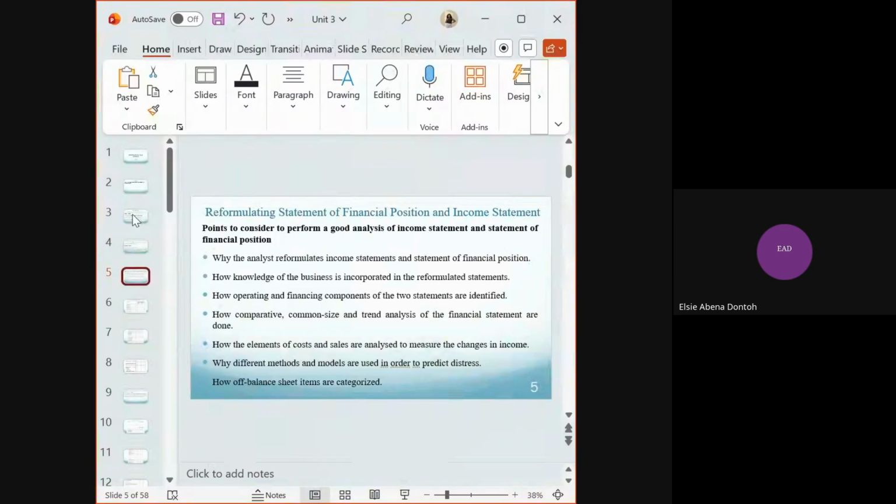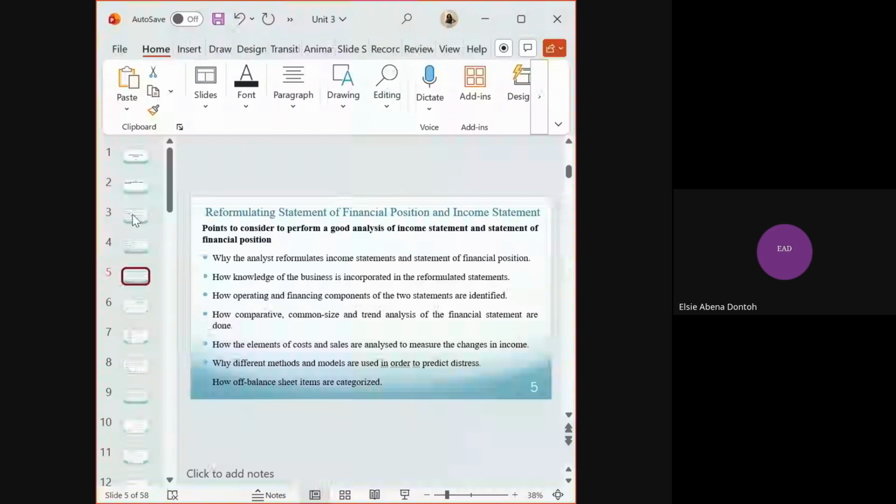So we ask ourselves, what are the points to consider to perform a good analysis of the income statement and the statement of financial position? The first one is why the analyst reformulates income statements and statements of financial position. The second one is how knowledge of the business is incorporated in the reformulated statement.